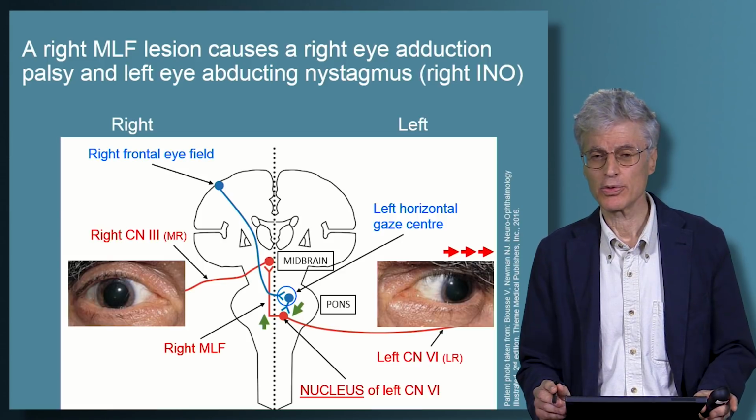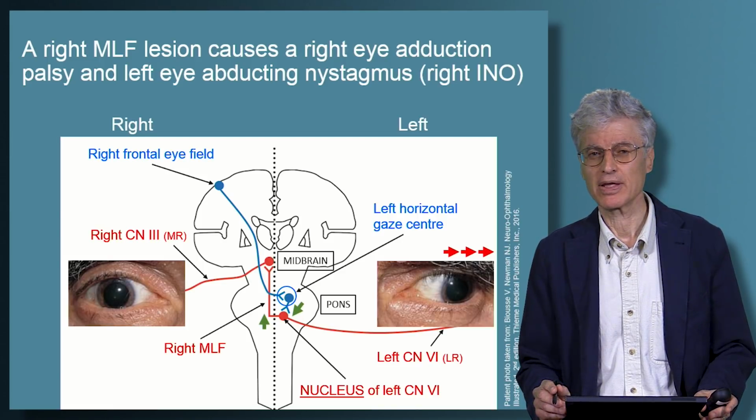So, remember that the right frontal eye field was supposed to turn both eyes to the left by signaling the left horizontal gaze center, left sixth nerve, left lateral rectus muscle, and via the right medial longitudinal fasciculus, the third nerve nucleus, the third cranial nerve, and the right medial rectus muscle.